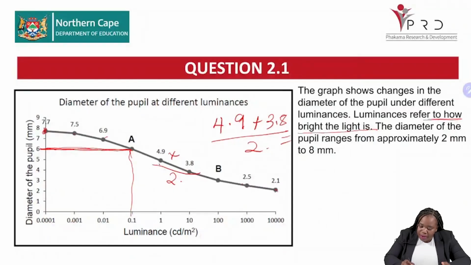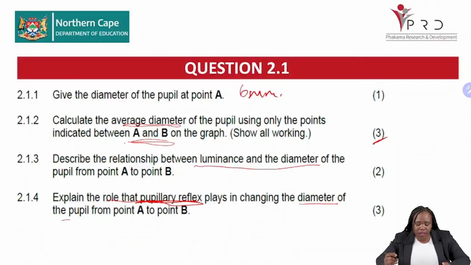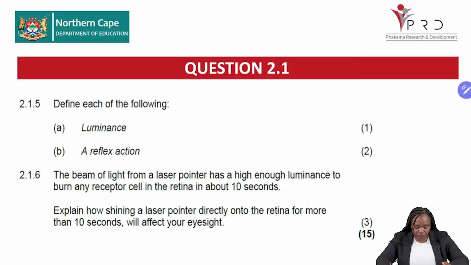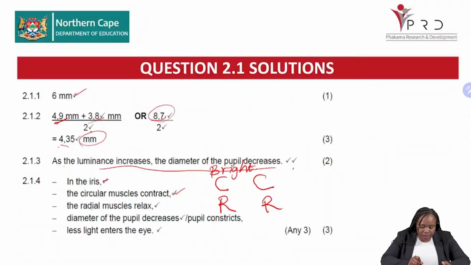Luminescence is how bright light is, meaning that as luminescence increases, the brightness of the light increases, right? So the radial muscles relax, which will then cause the diameter of the pupil to decrease, or it will cause the pupil to constrict, right? Diameter decreases. When the diameter decreases, then you know that it means the pupil constricts.